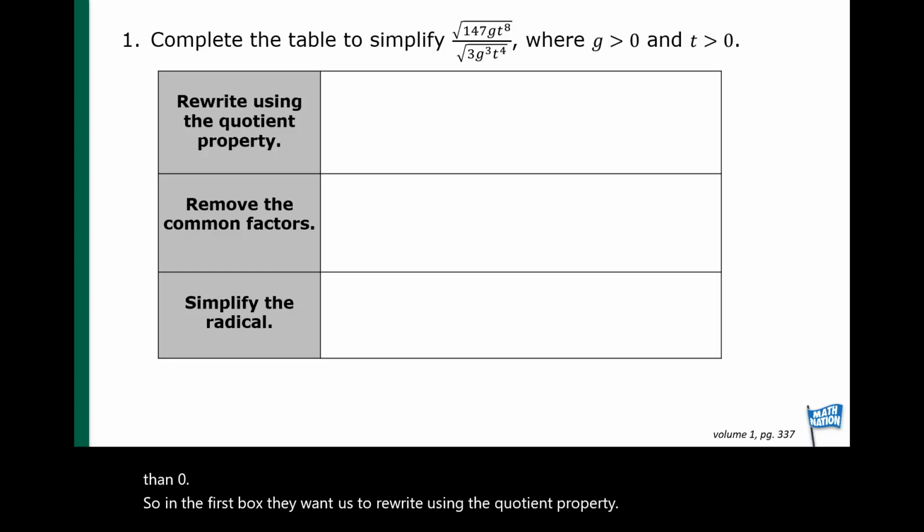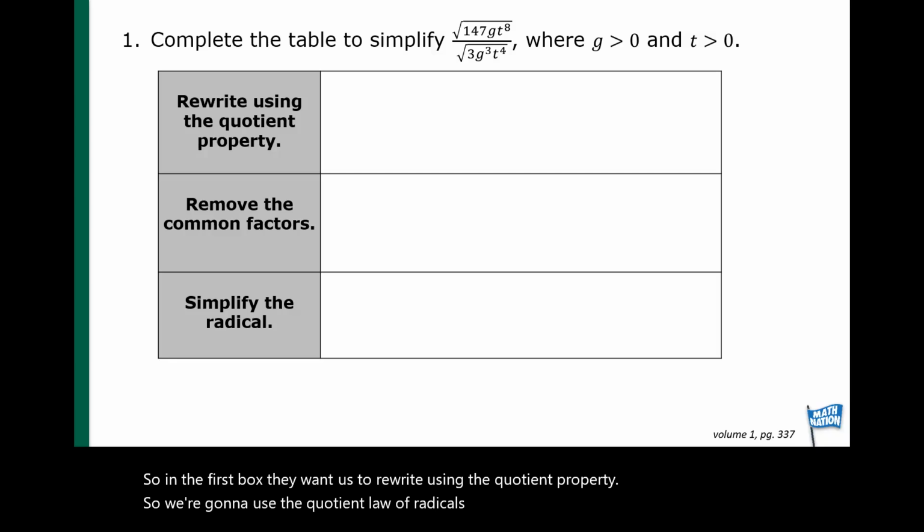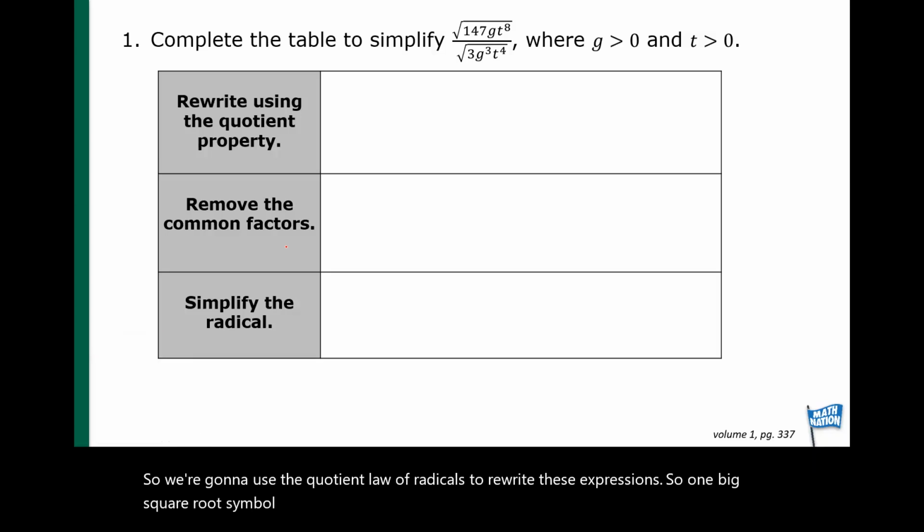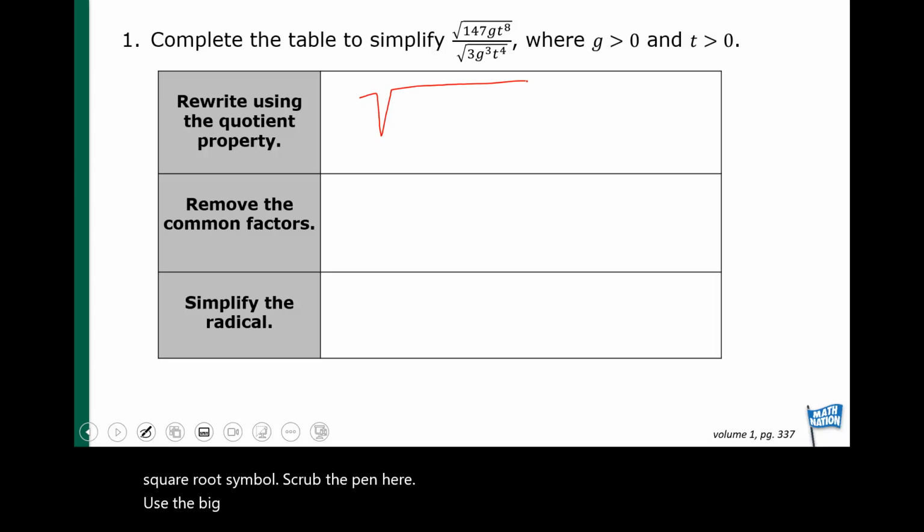So we're going to use the quotient law of radicals to rewrite these expressions as one big square root symbol. We have 147 times g times t to the 8th over 3 g to the 3rd t to the 4th.